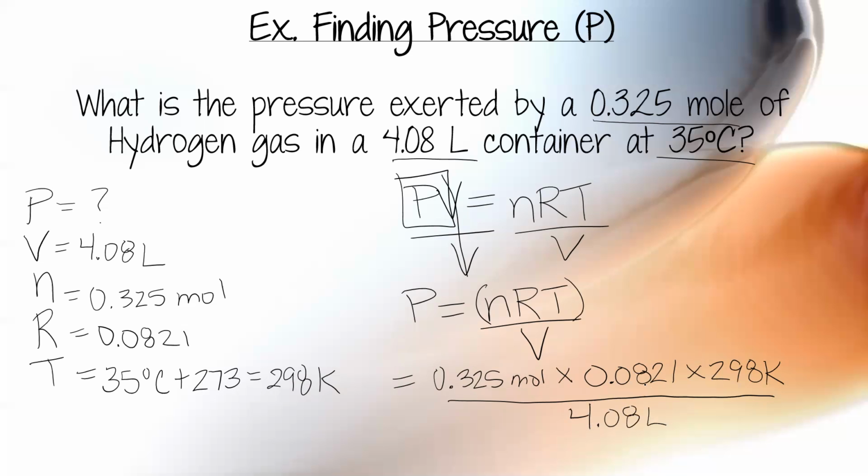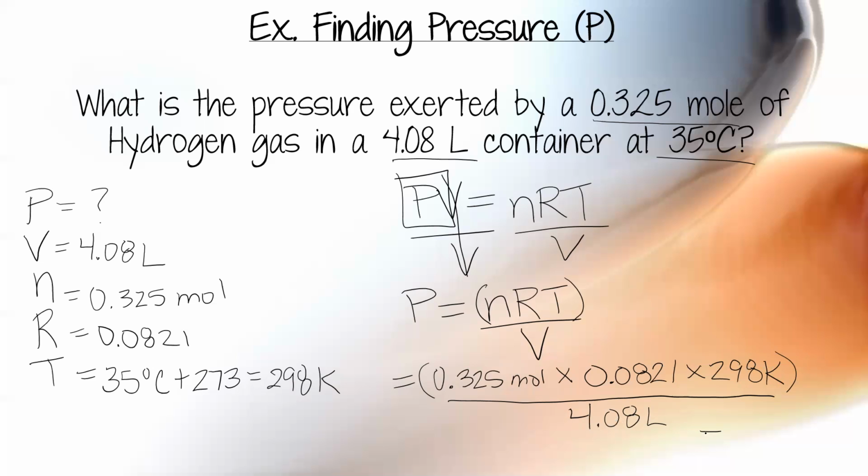So once again, in your calculator, either do 0.325 times 0.0821 times 298 equals, and then divide that by 4.08, or put parentheses and type it in your calculator with parentheses around the top and then the divide sign and bottom. Either one, doesn't matter.